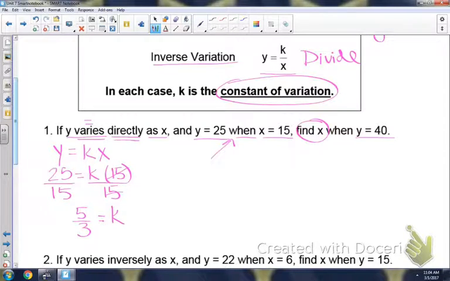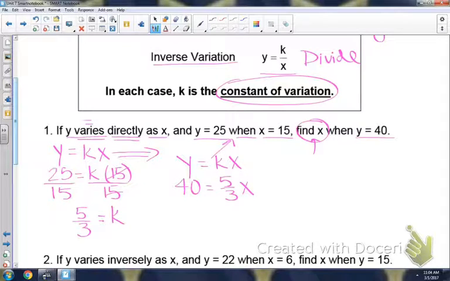Once we have found k, we're going to plug it back into that direct variation formula, y equals k times x. Replace it with k, and notice now we're looking for x when y is 40. So we're replacing y with 40. We now know the constant, the k, it's 5 over 3, and we're looking for x. Notice we have a fraction.